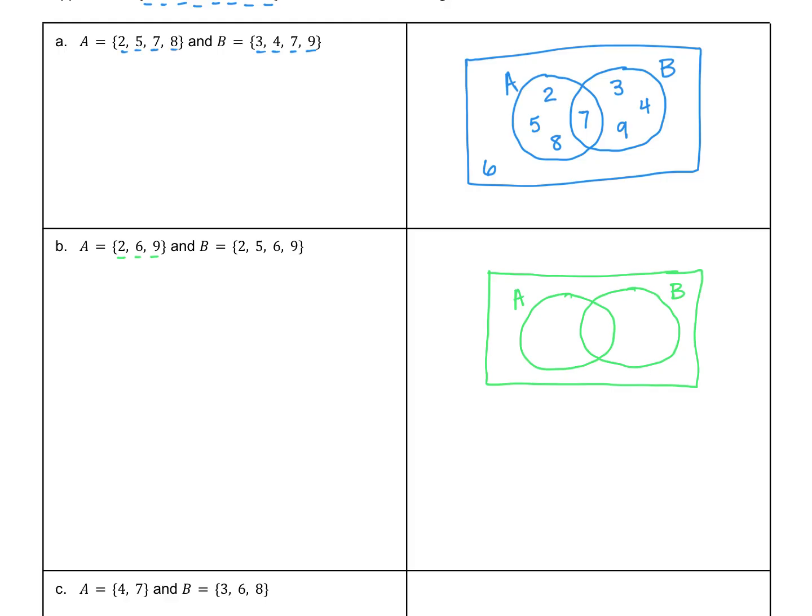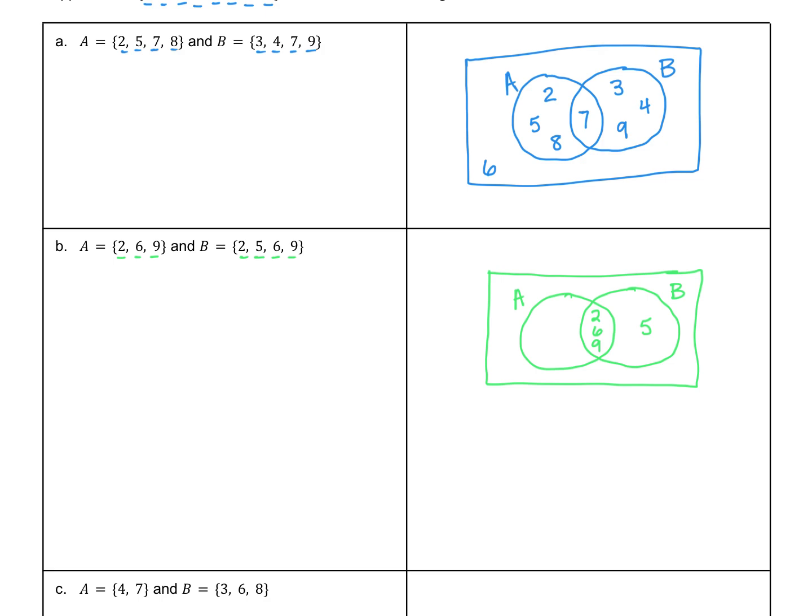Both of them have 2, 6, and 9 as the intersection. So 2, 6, and 9 go in the intersection. And then set B has a 5 in it.